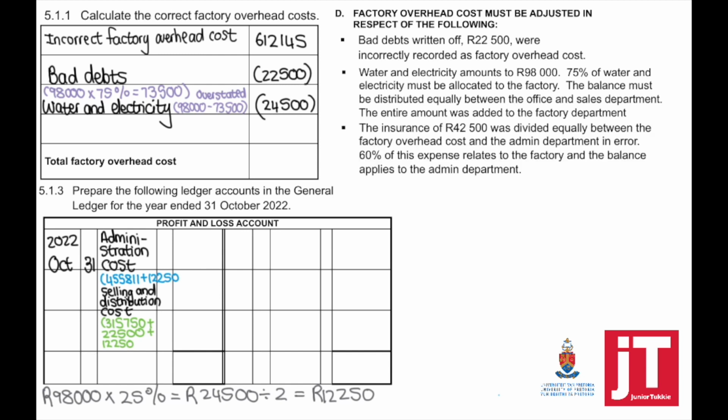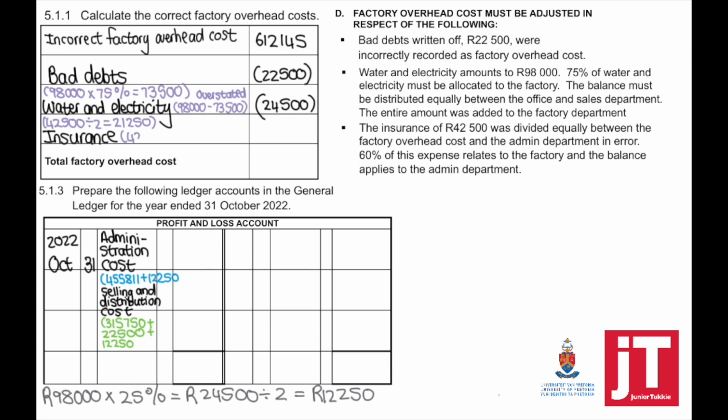The insurance of 42,500 was divided equally between the factory overhead cost and the admin department in error. 60% of this expense relates to the factory and the balance applies to the admin department. So what is happening here now? If we're looking at insurance in our factory overhead cost, 42,500 was divided equally, which means that 21,250 was allocated for insurance in the factory overhead cost.